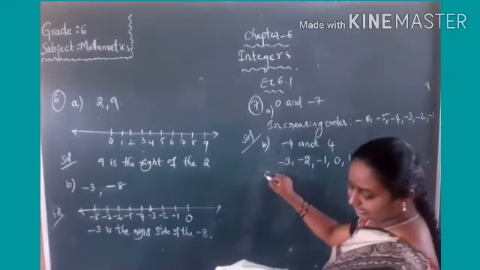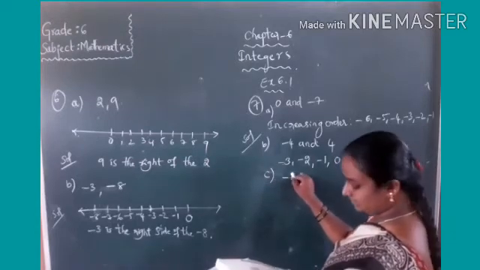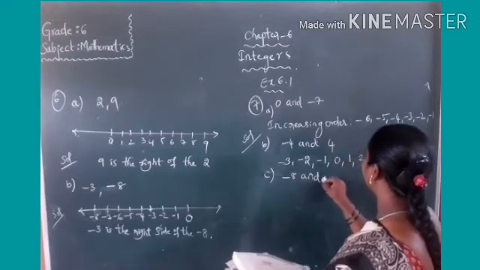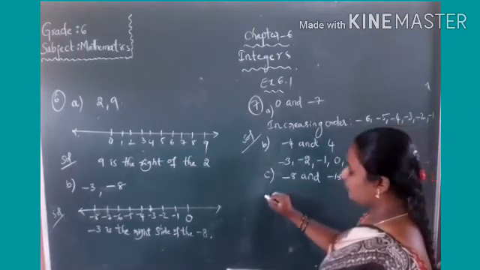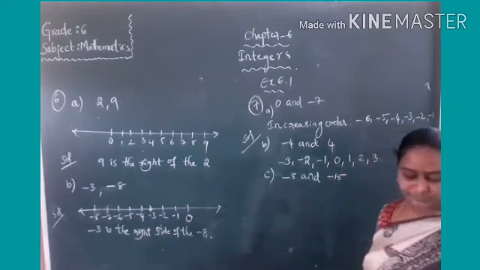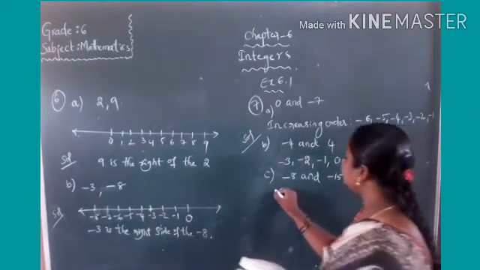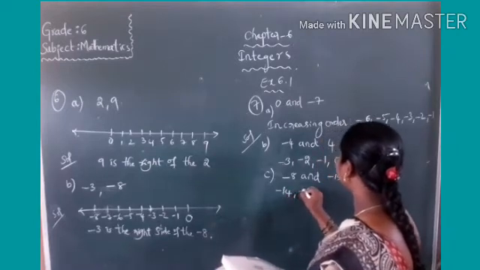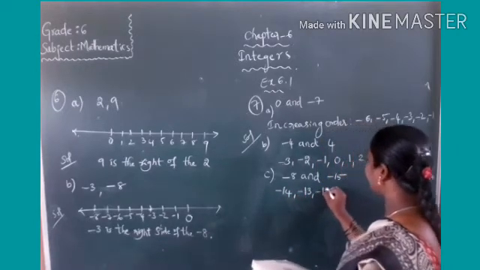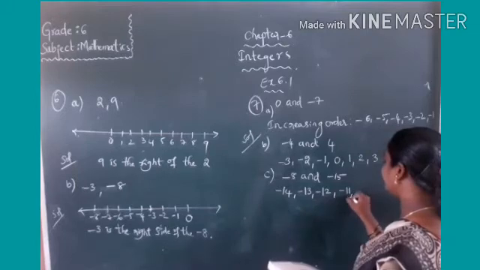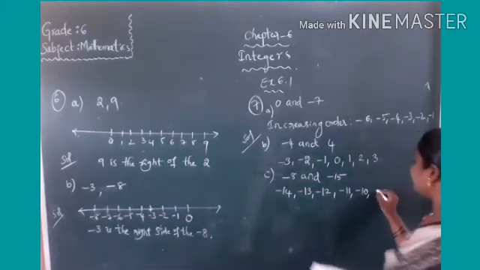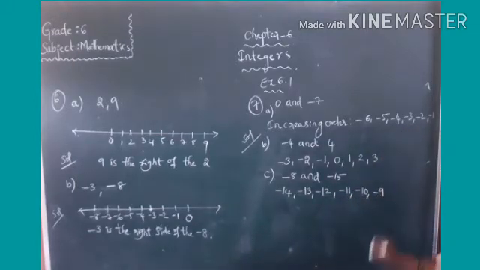Right. Next one: minus 8 and minus 15, in increasing order. Minus 14, minus 13, minus 12, minus 11, minus 10, minus 9.